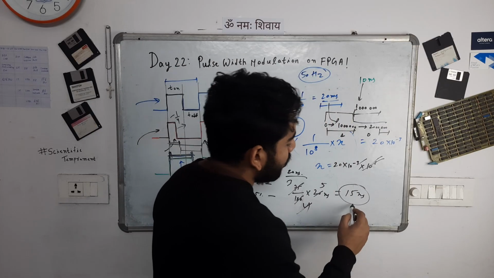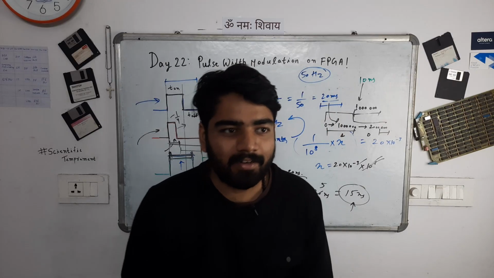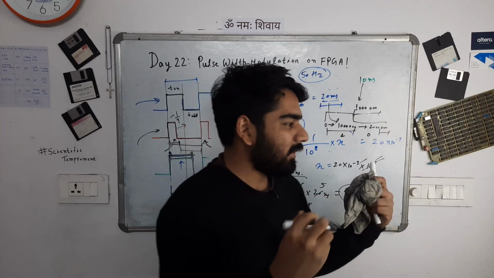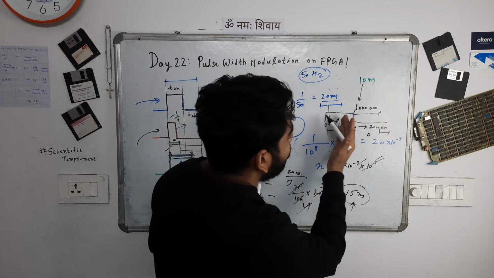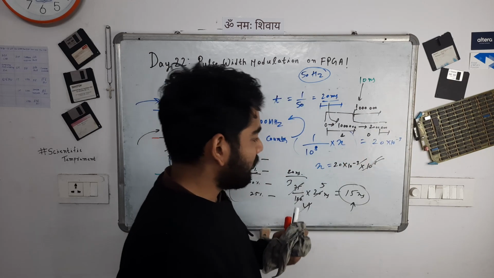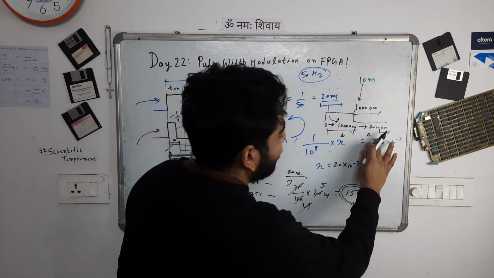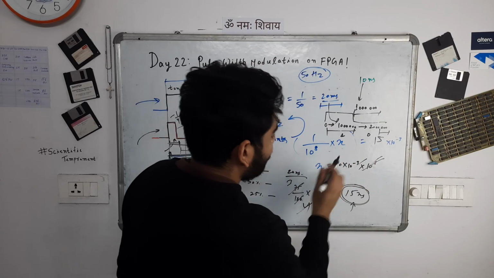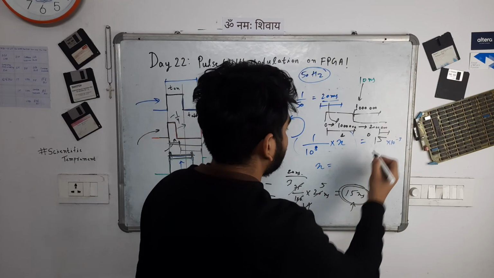Alright, but we do not have this 15 milliseconds being given to us from the FPGA, right? We need to count and we need to track the counter, okay? So after 15 milliseconds, at that mark, where will the counter be? We need to find that, and we can simply plug this 15 milliseconds in here, and simply count the number of cycles that will pass in 15 milliseconds, right?